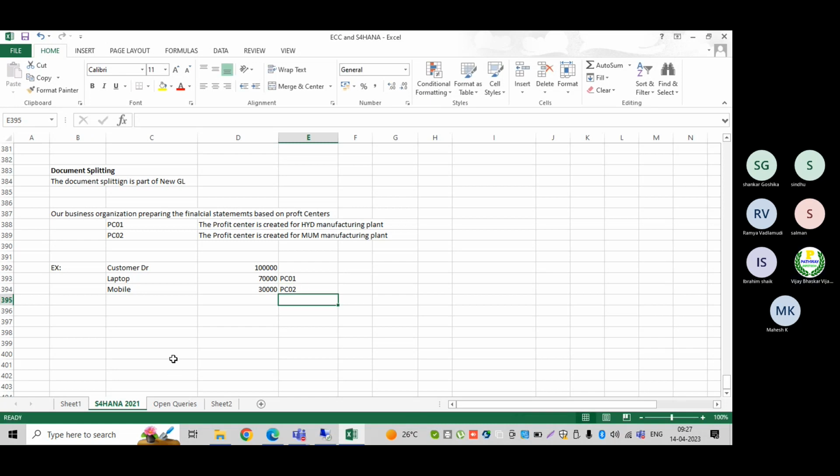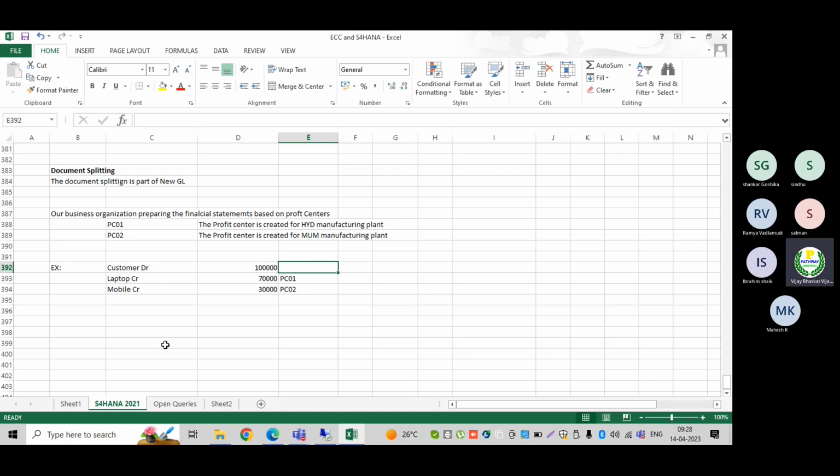At this point of time, only the credit entries are available. Now you can see the credit entries which have been passed to my profit centers. But what about the debit entry? Debit entry is only one entry. I did not mention any profit center here.